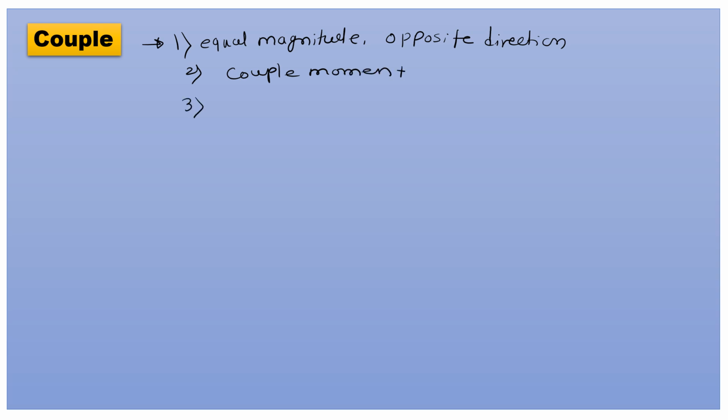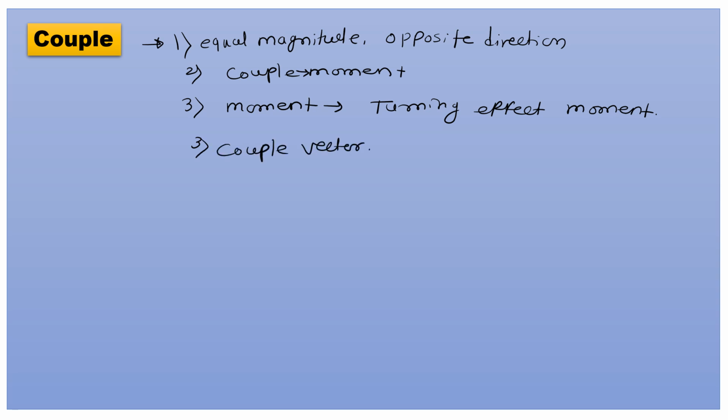Moment is force into distance, or force into perpendicular distance, and moment is also a couple. But in case of couple, the forces are equal in magnitude and opposite in direction. Couple is a vector quantity.